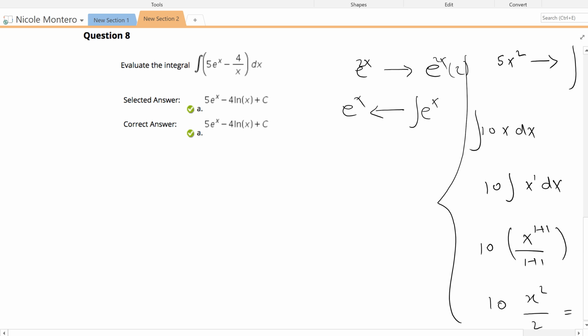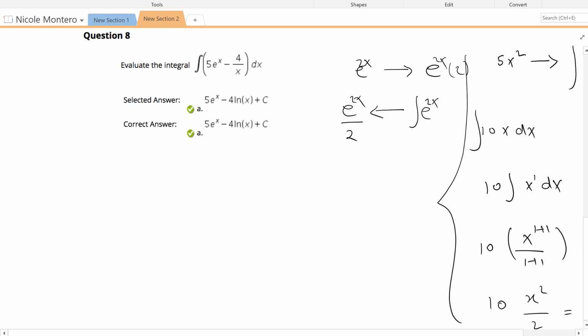But in here, for example, if you have 2x, you will write e^(2x) and then you divide it by the derivative of the power, which is 2. So in derivatives, we multiply. In antiderivative, we divide with the derivative of the power.